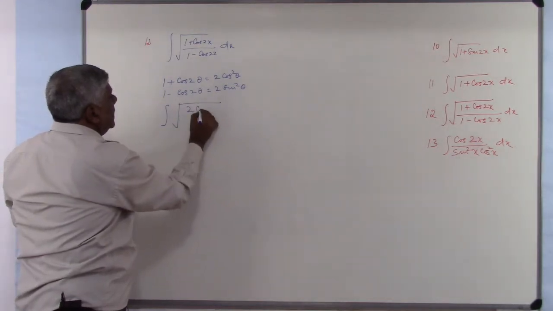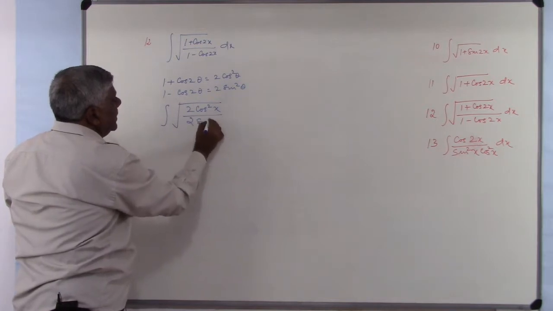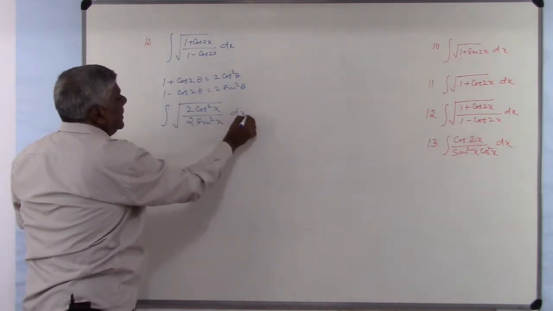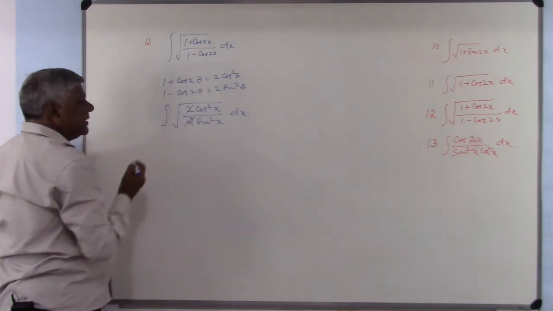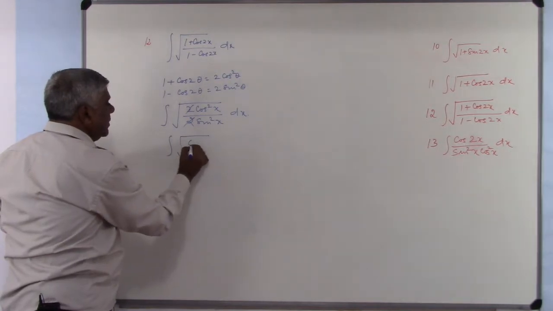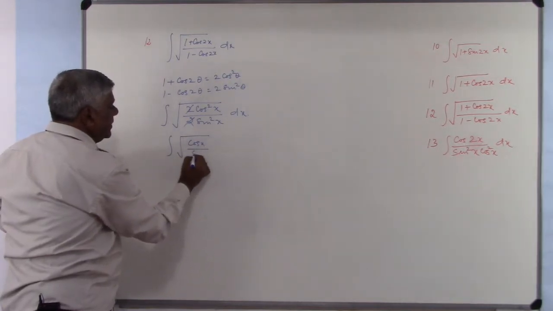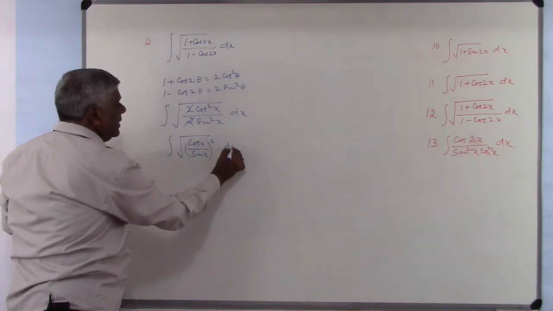Therefore, we will write like this: 2 cos square x by 2 sin square x, dx. Now this and this get cancelled. Now integral root of cos x by sin x whole square dx.